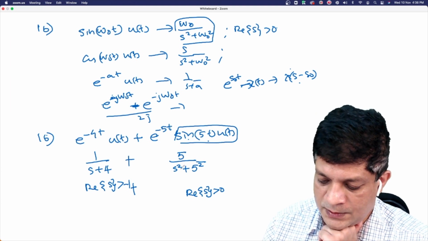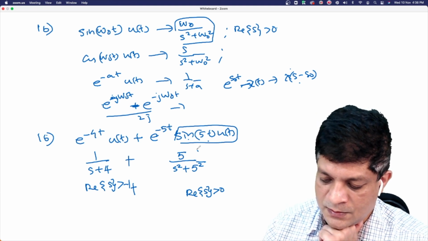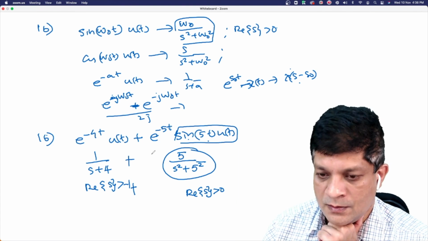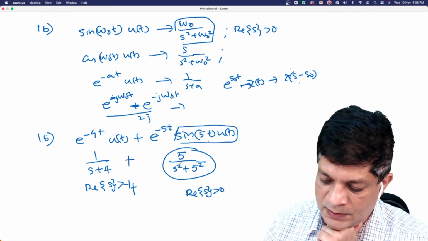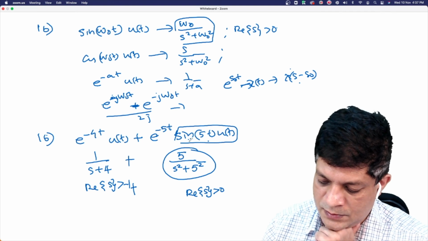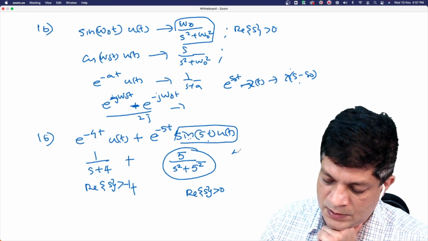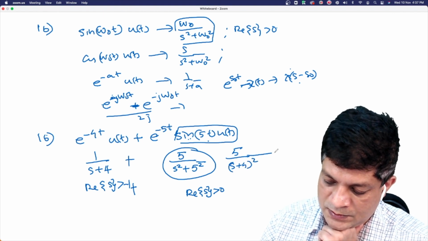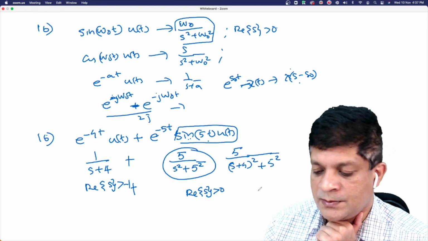So then what will be this one? You have to replace s with what? s plus 5. So this would be 5 by s plus 5 the whole square plus 5 square, isn't it? What will be the ROC?